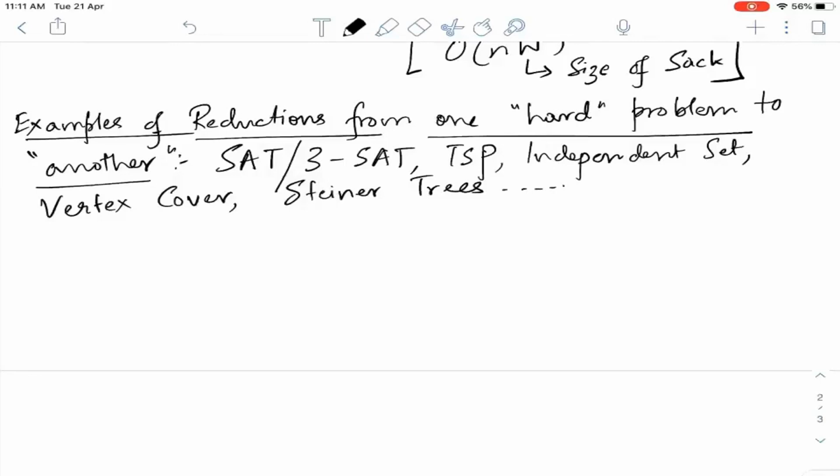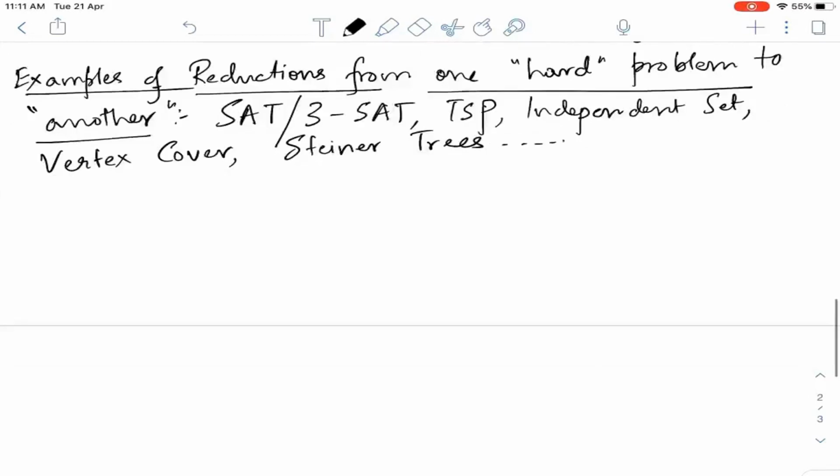Then you will realize, oh, this is a hard problem, so maybe I should not try to find an efficient algorithm for this, but rather find some smart heuristic to solve it. That is why it's important to at least know about these problems.